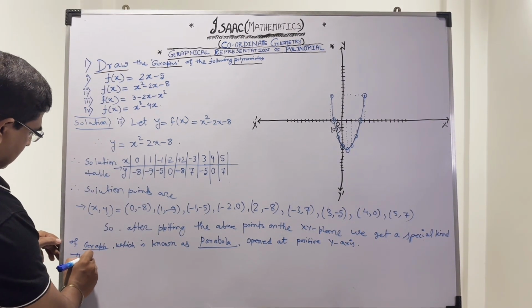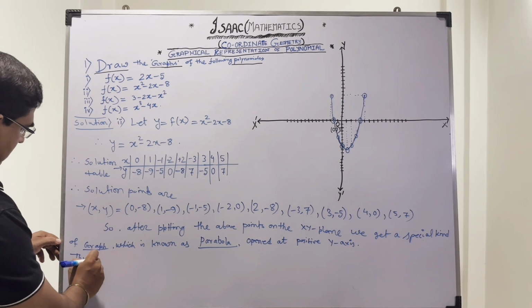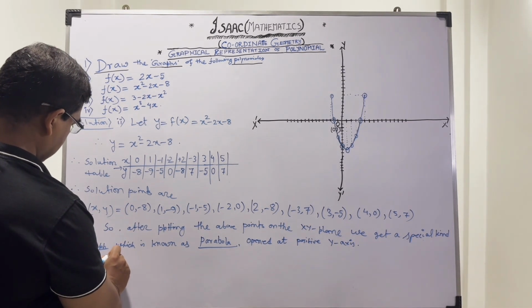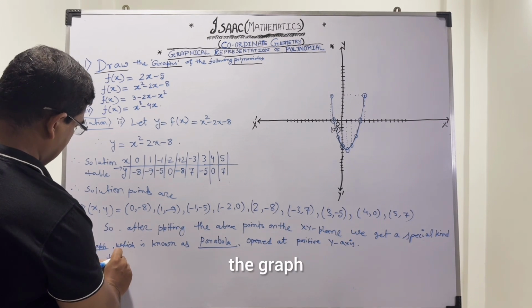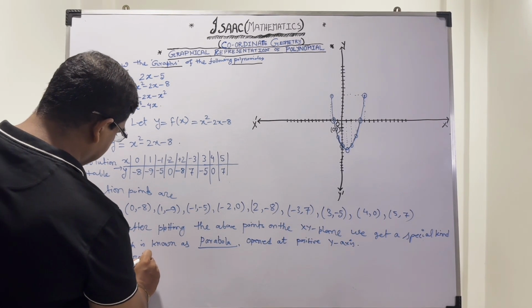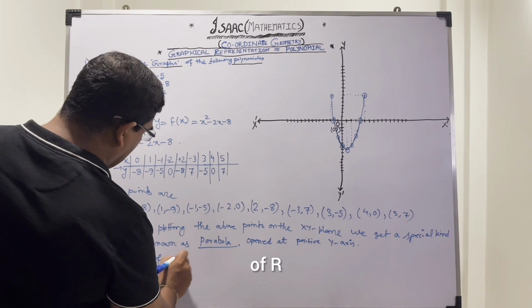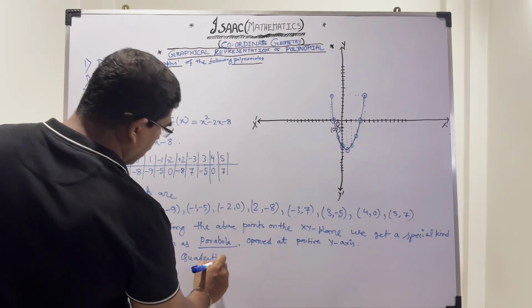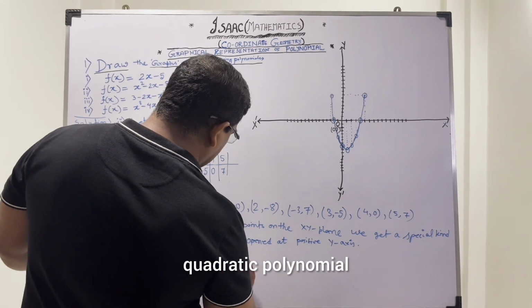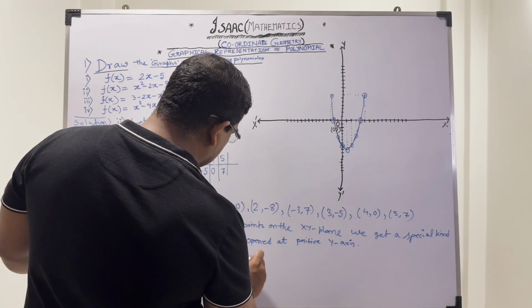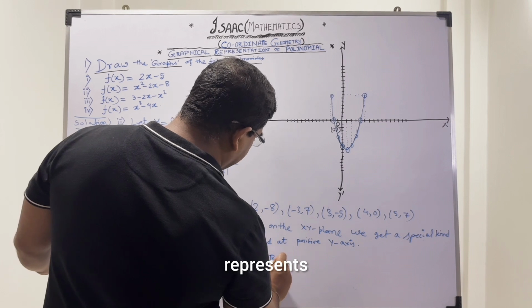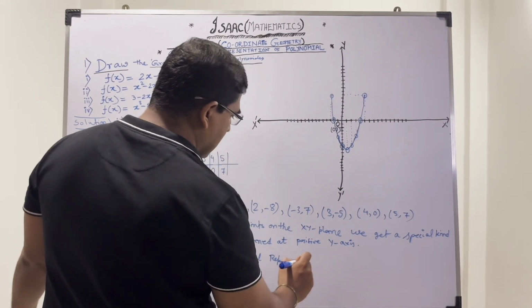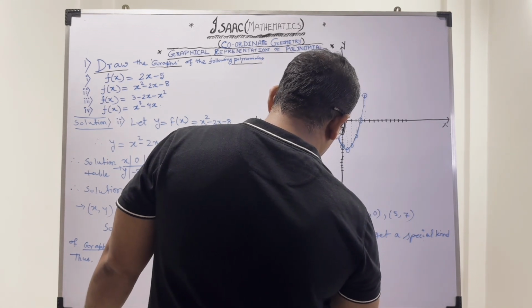Thus, the graph of a quadratic polynomial represents parabola.